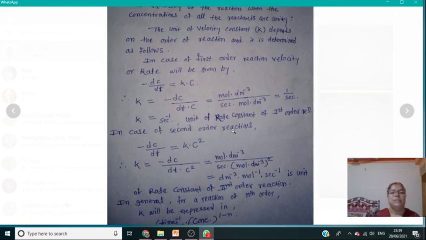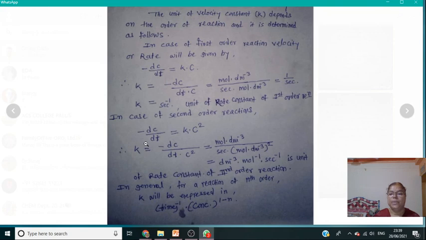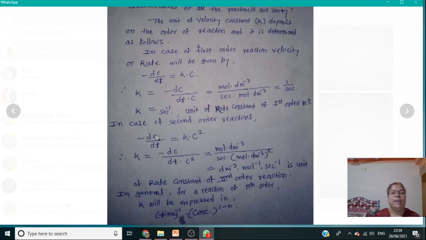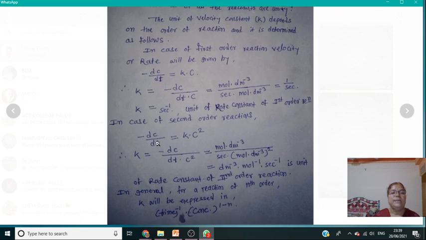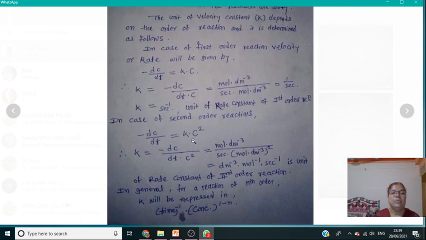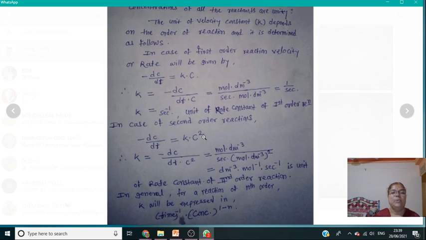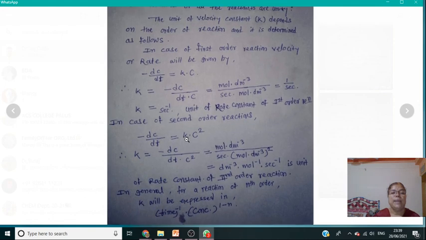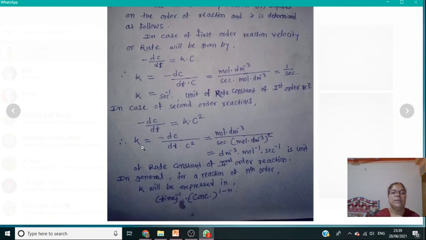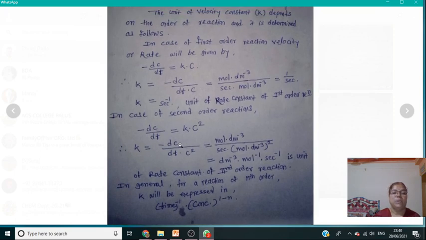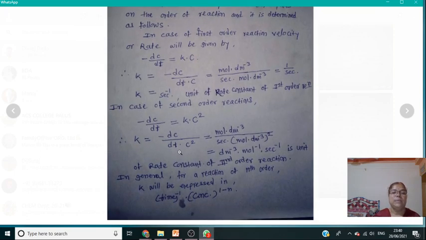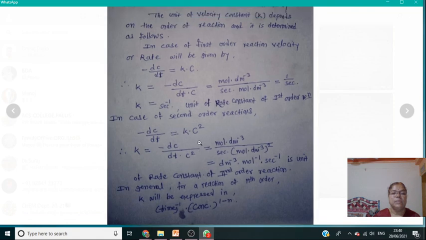Then in case of a second order reaction, we can write the rate as minus dc by dt equal to k into c square, where k is the rate constant, and therefore k equals minus dc by dt divided by c square.